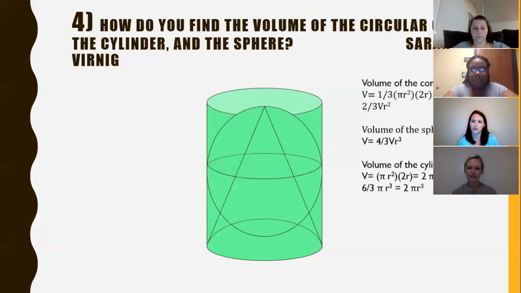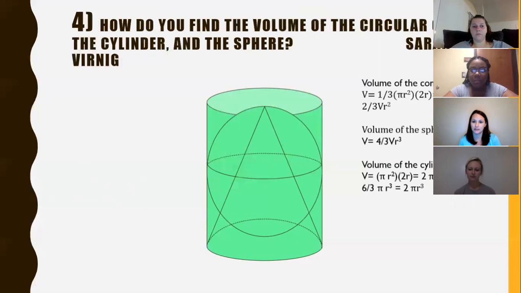To find the volume of a sphere, we're going to do volume equals, because we're always going to start with V because we're looking for volume, 4/3 times pi times radius cubed. And notice it's not squared, we're doing cubed. And then the volume of a cylinder, again, V equals pi times radius squared times 2 times radius.